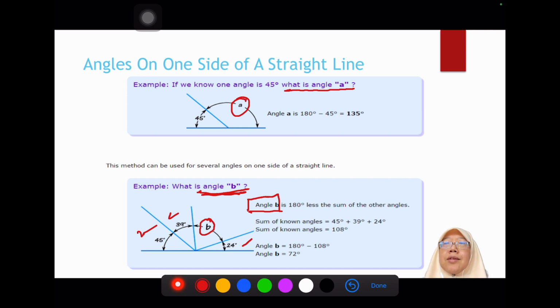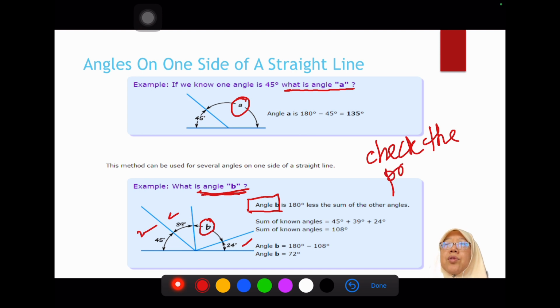Keep on asking, how are you going to find angle A? How are you going to find angle B? This helps them with their critical thinking and geometric reasoning. They will need to reason out why, after we have solved the problem, angle B is 72 degrees. Have we done it right? They are going to check the process.